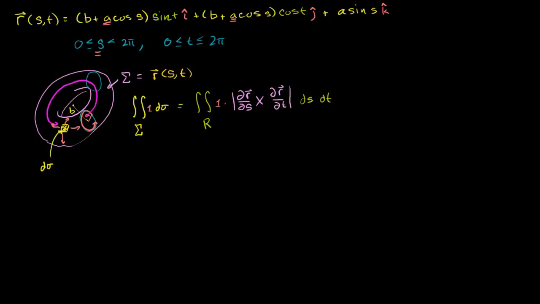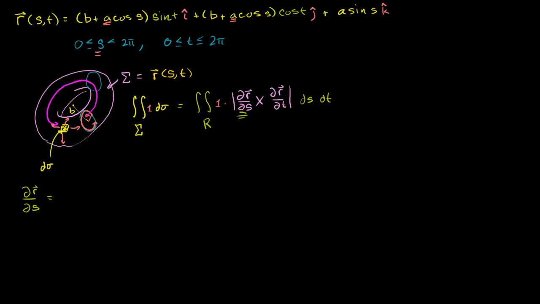So the partial derivative of r with respect to s, we'll do the cross product in the next video. This term is what? We just want to hold t constant and take the partial with respect to just s. So if we distribute this, the sine of t times b is just a constant in terms of s, so we can ignore that. Then you have sine of t times a, which is a constant, and the derivative of cosine of s is negative sine of s.